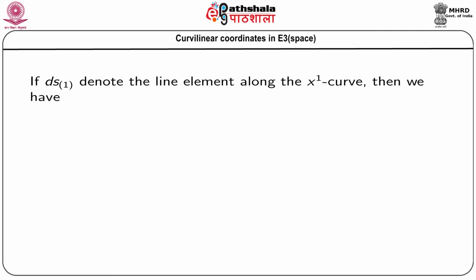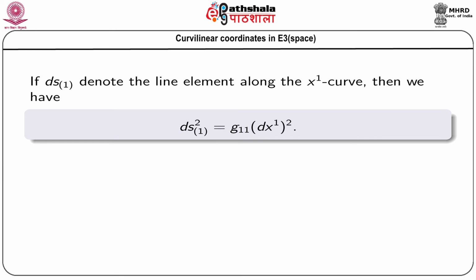Now, if ds1 denotes the line element along the x1 curve, that means ds1 is the arc length along the x1 curve, we can write ds1 square equal to g11 dx1 square, because the other dx2 and dx3 will be equal to 0.